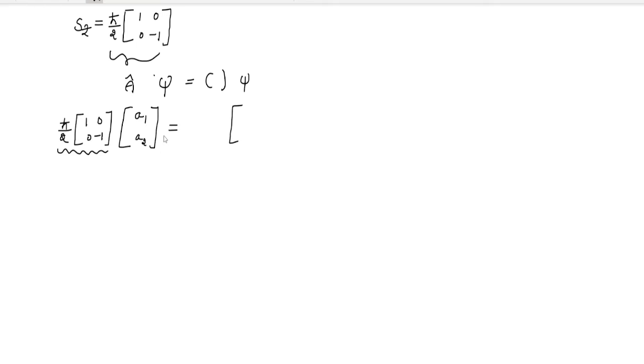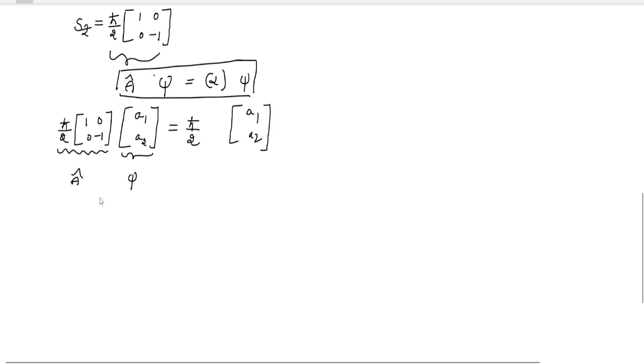By using the eigenvalue equation, I get the same wave function, A1 and A2, times h cross divided by 2. This is just the eigenvalue equation.